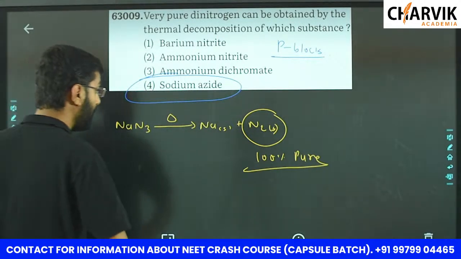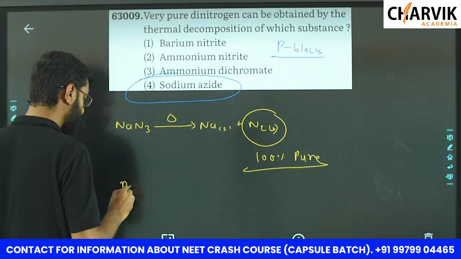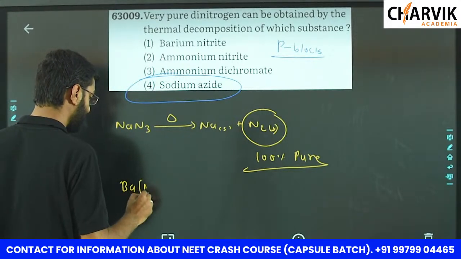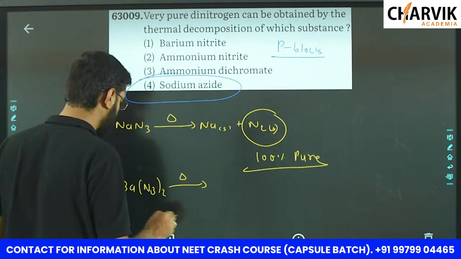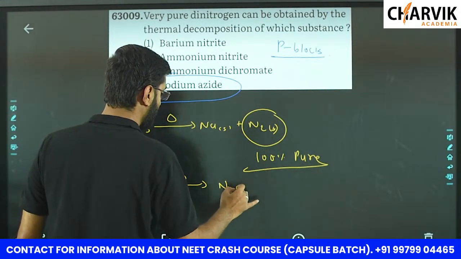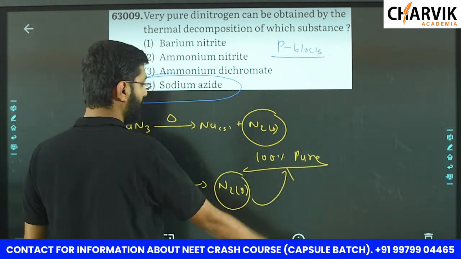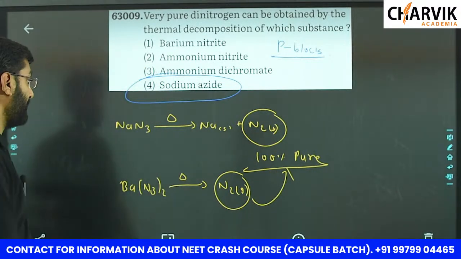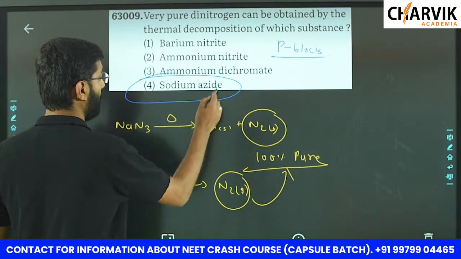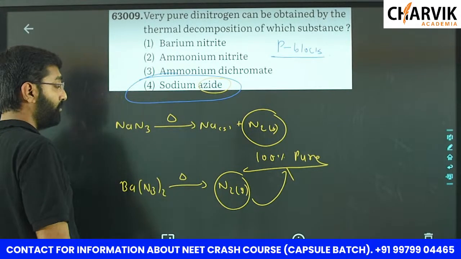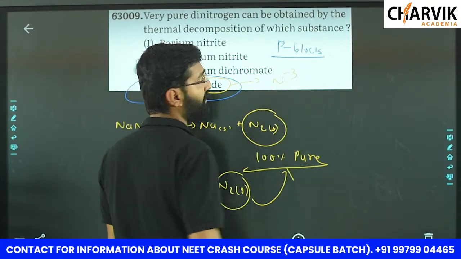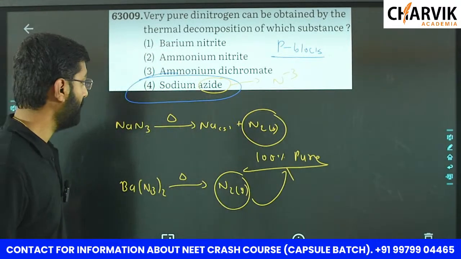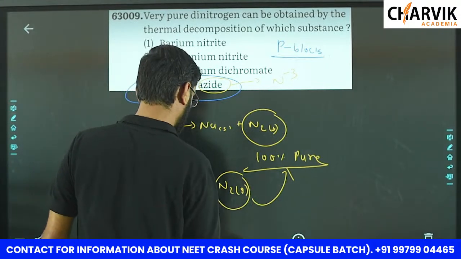Okay, and one more method is barium azide, Ba(N3)2, right? This is your barium azide. If you heat this compound, you will again get highly pure dinitrogen gas, right? Now, one more question. What is azide, and what is the structure of azide? Azide means N3 minus. Sorry, my mistake.